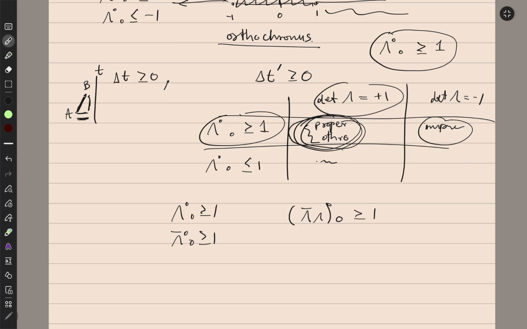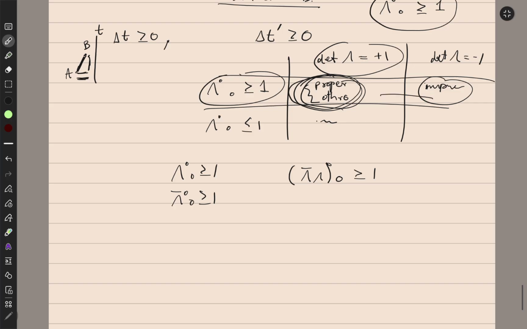If you look at the other ones, for instance, if you try to combine the improper one with it, the improper one in itself does not constitute a subgroup, because first of all it doesn't have an identity. A group has to have an identity. Secondly, if you do two transformations, or let's say two rotations in the improper sector, they will throw you back in the proper sector.